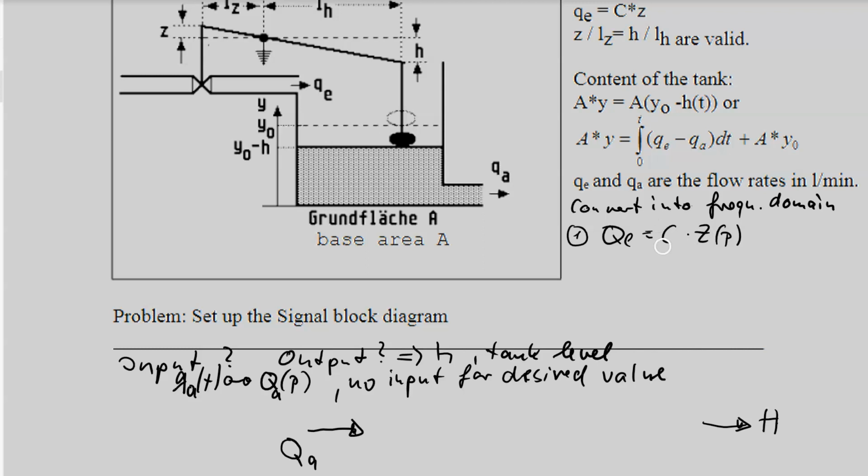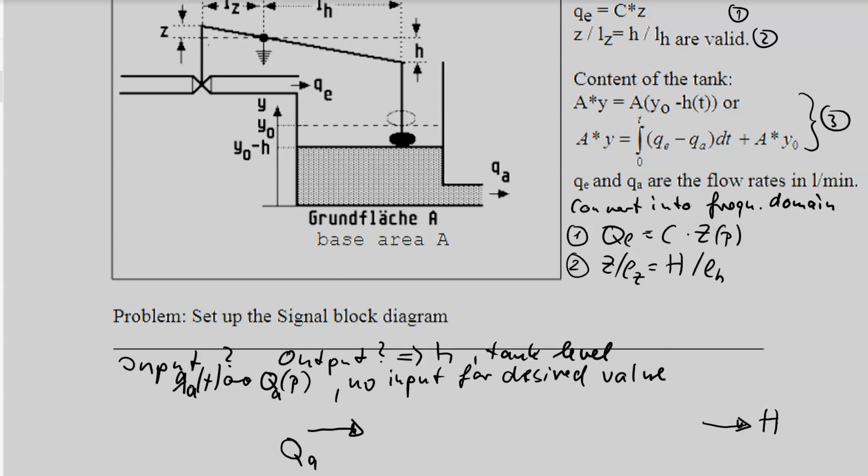So the conversion of a linear equation is very simple, just a copy and replacing lowercase letters with uppercase letters. LZ of course is a constant, and H is the dynamical variable, and LH is a constant. It's the second equation.